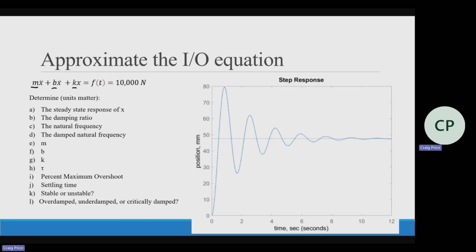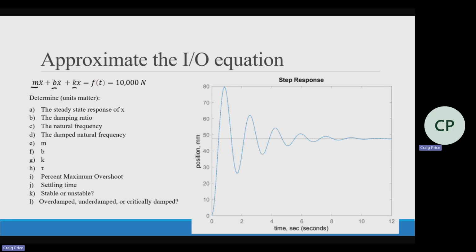So we're going to do this equation and we'll be done. This is our example problem. We're going to do it together. Our goal, let's say I've got this testing machine. I put in some kind of system. I give it a force of 10,000 newtons.